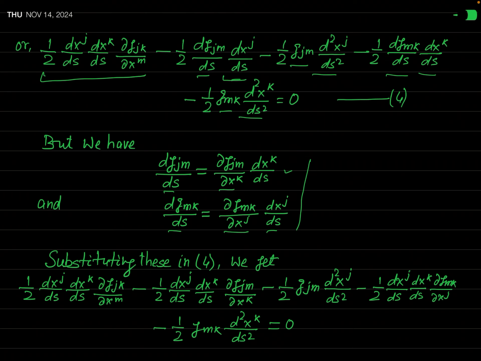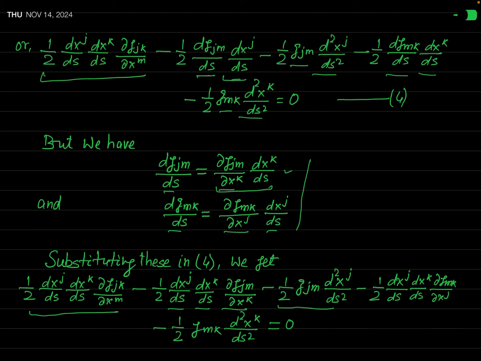You can see this first term is as it is. It is never disturbed. But in this second term there is dg_jm/ds. Instead of dg_jm/ds, now we will write this much. After writing this, this term is 1/2 dx^j/ds times dx^k/ds times ∂g_jm/∂x^k.